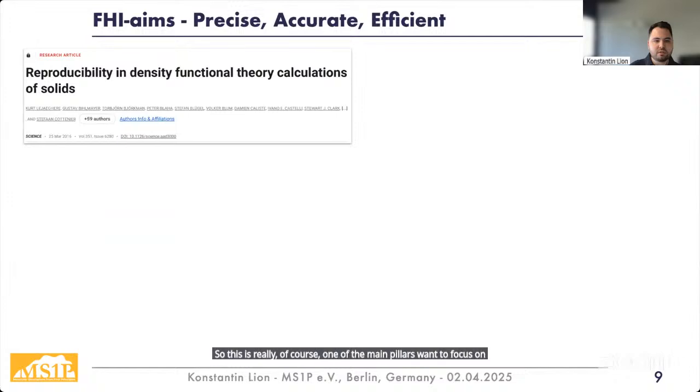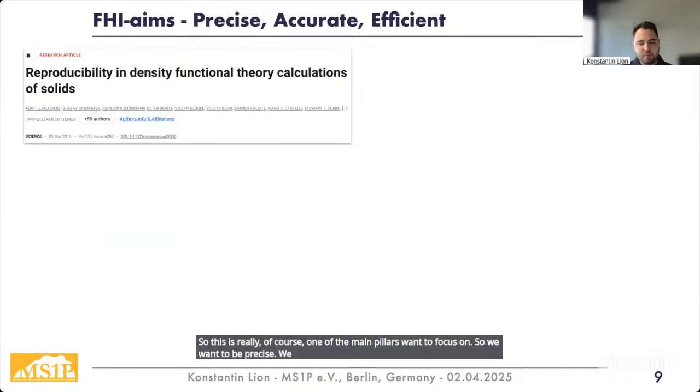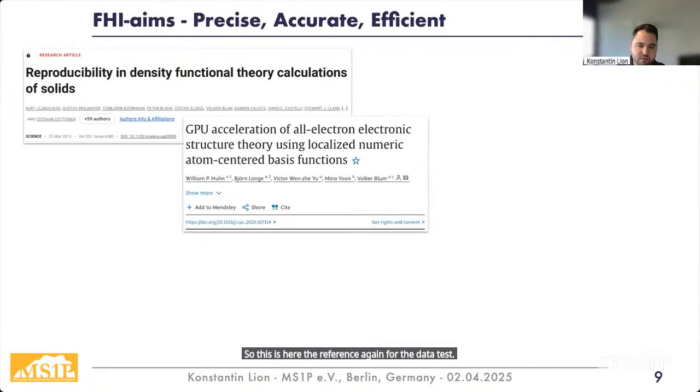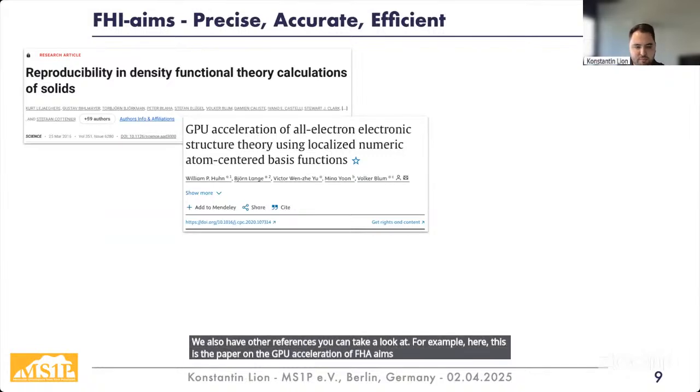We want to be precise, we want to be accurate, but we also want to be efficient. So this is the reference again for the delta test. We also have other references you can take a look at. For example, this is the paper on the GPU acceleration of FHI-aims. So we have partial GPU acceleration to also allow efficient computations on newer architectures.